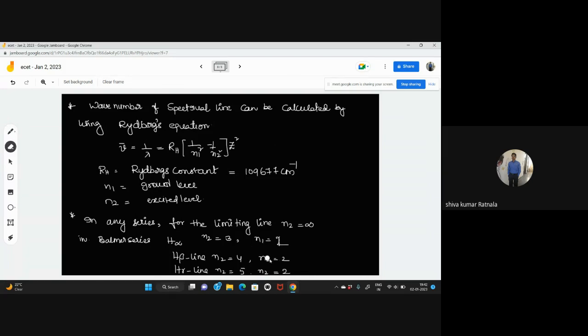These are the n1 values. Understood, students? This is about the limiting lines, and by using this formula we can calculate the spectral lines. Students, please make a note.